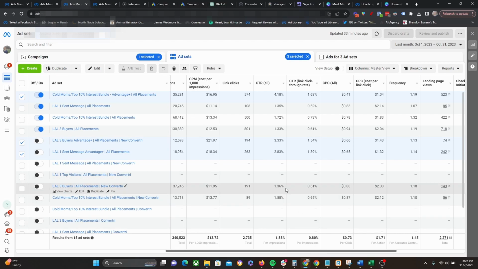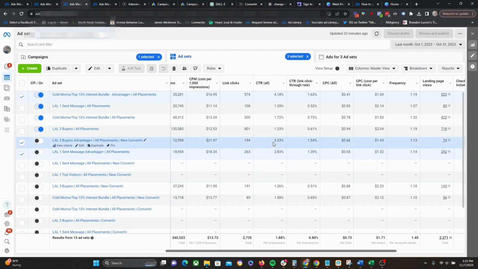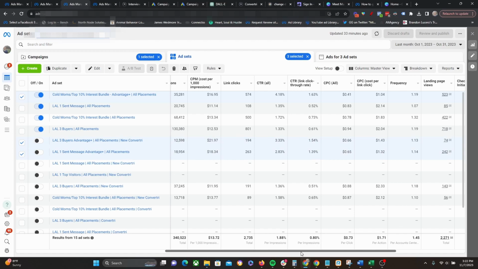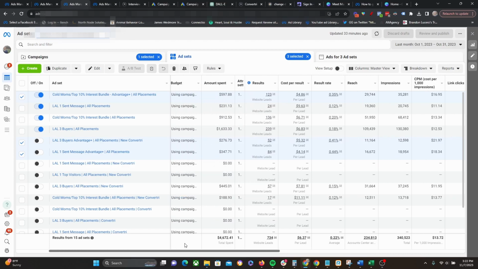So the original ad sets are down here, CTR all of 1.36 and 1.58, CTR links of 0.51 and 0.65. Now we go to the Advantage Plus ones, you see the CTR all of 3.33, 2.83, 4.18, and then CTR links of 1.63, 1.54, and 1.39. So absolutely massive increase in the click-through rates, and as a result, an absolutely massive drop in the overall cost per lead.